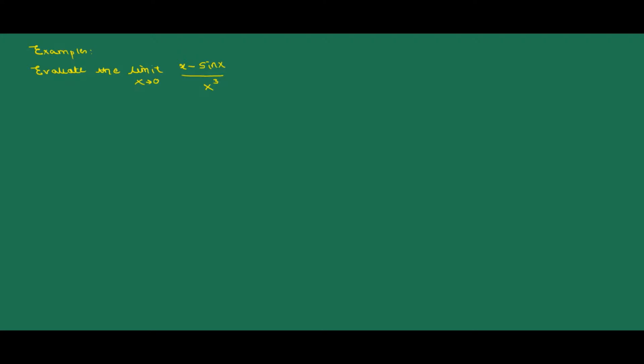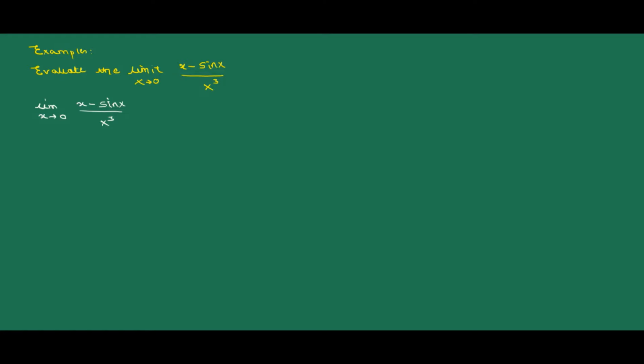Okay, so this is the given limit, x minus sin x divided by x cube as x tends to 0. Now I will write the limit as x tends to 0 of x minus sin x divided by x cube.